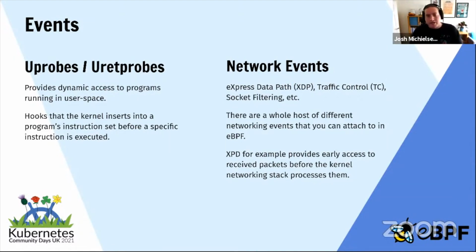BPF was originally created as a kernel subsystem for networking, and so the networking aspect of BPF is huge. There's a host of different events that you can attach to. XDP, for example, provides early access to packets before the kernel stack actually processes them. This is really useful for things like load balancers, where you can have an eBPF-based load balancer.